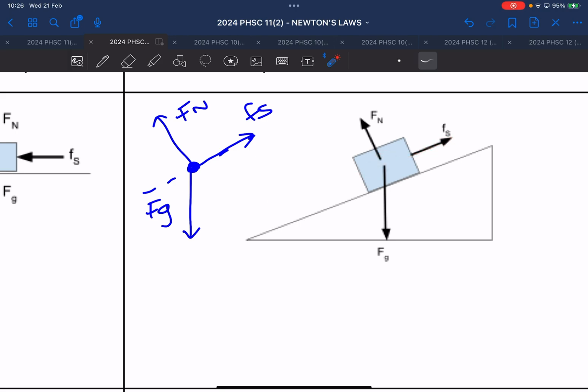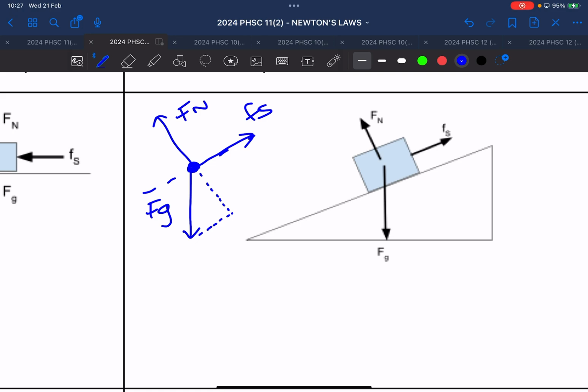Now remember, you're not going to leave it there. You're going to split it up into its perpendicular components. What are you going to split up? These two are already at 90 degrees, so you don't want to split that up. You're going to split up FG. You put your ruler there, and you draw dotted lines. Then you put your ruler on the normal force and you elongate it there.